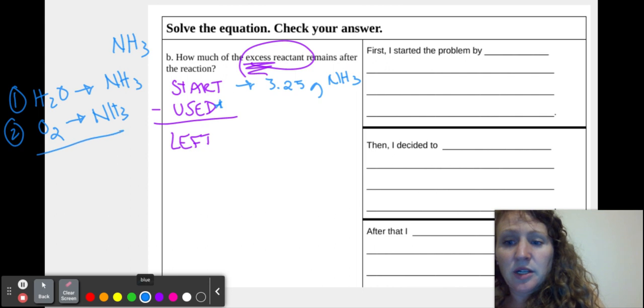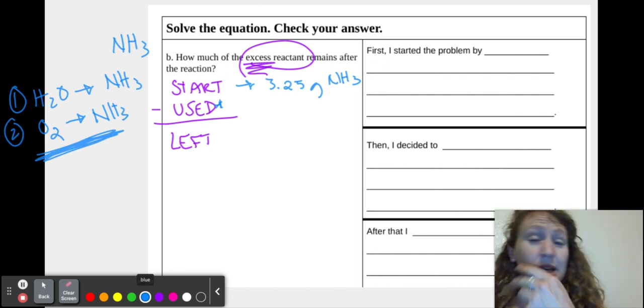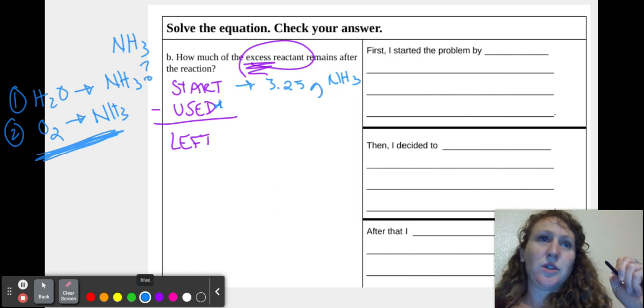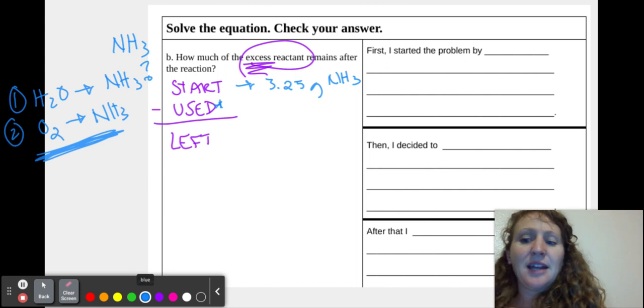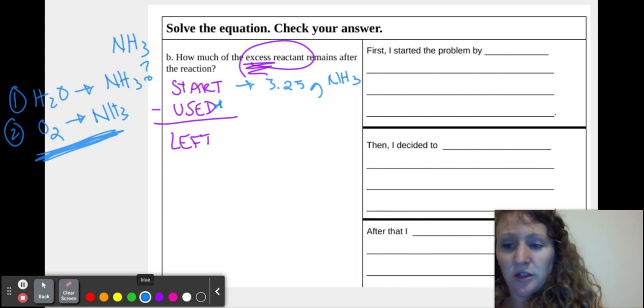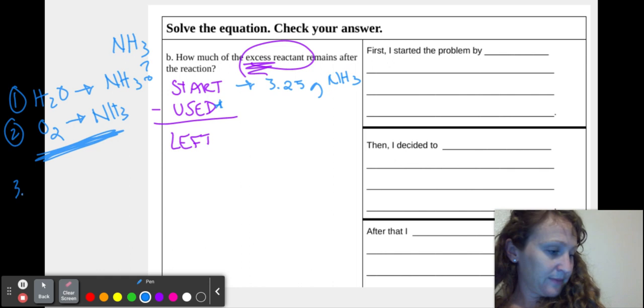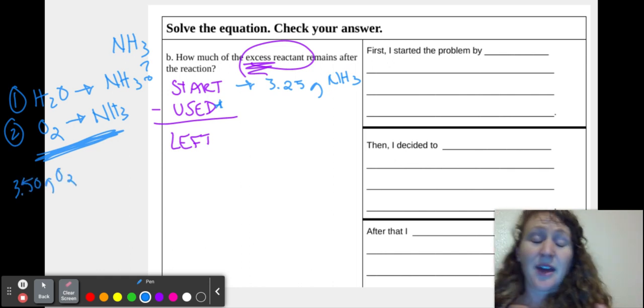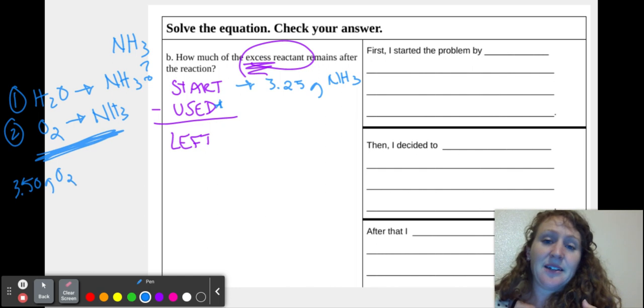Okay, I'm going to do the second one because if I made a mistake on the first one, I don't want to use that mistake again on this part. I know how much O2 I started with, 3.50 grams of O2. That was given to me. I didn't have to calculate that.